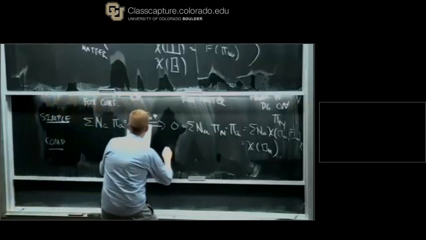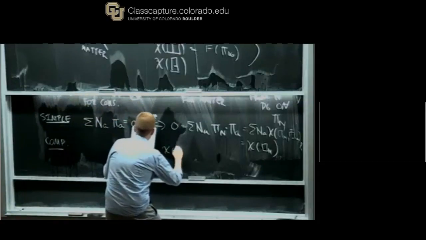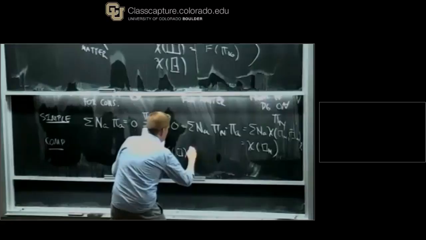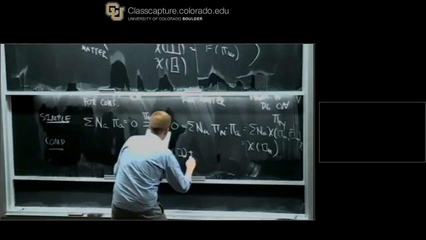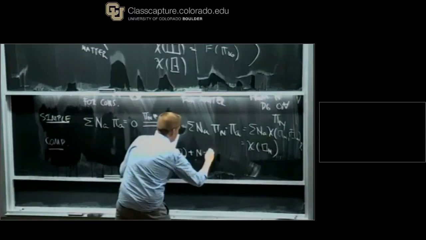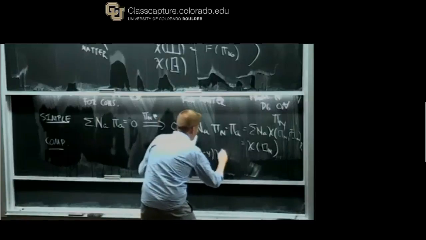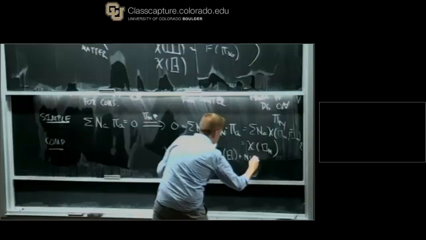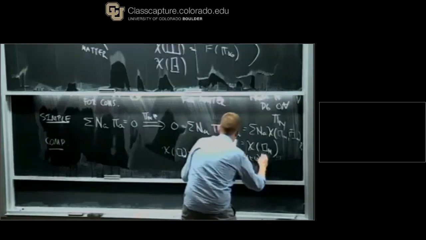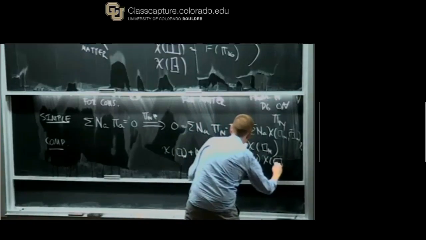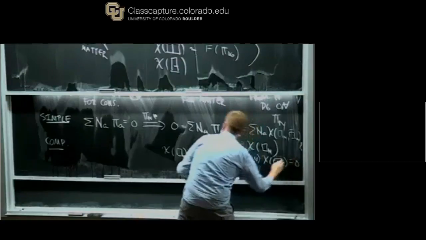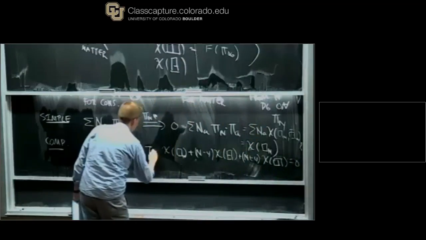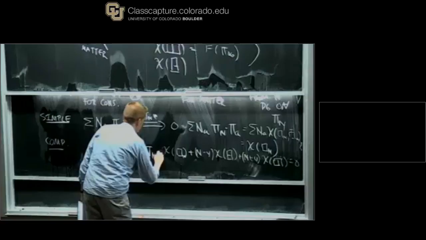And this constraint is chi box plus of this U(N), plus (N minus 4) chi antisymmetric, plus (N plus 4) chi symmetric, equals 0. And I will call this T sub n. Okay?